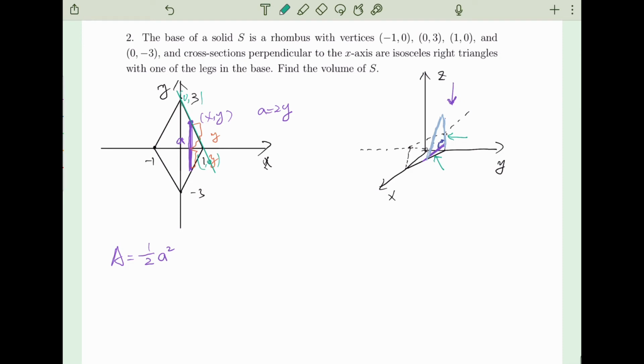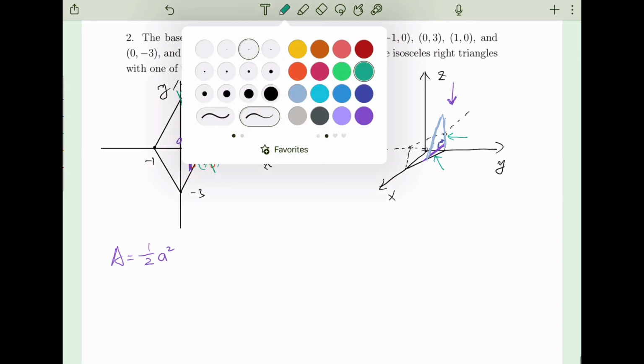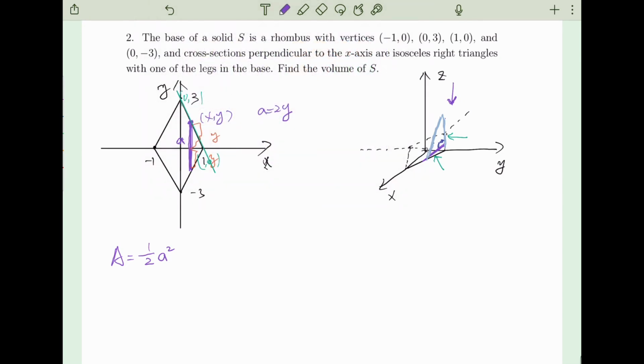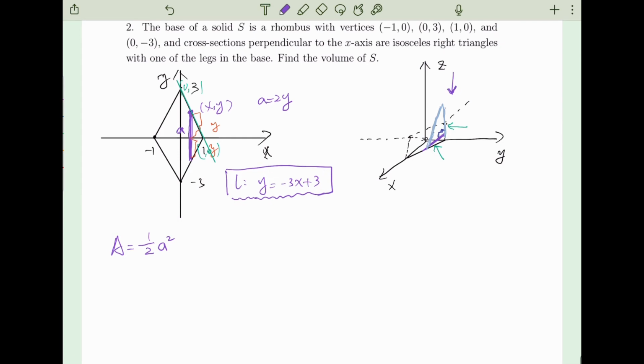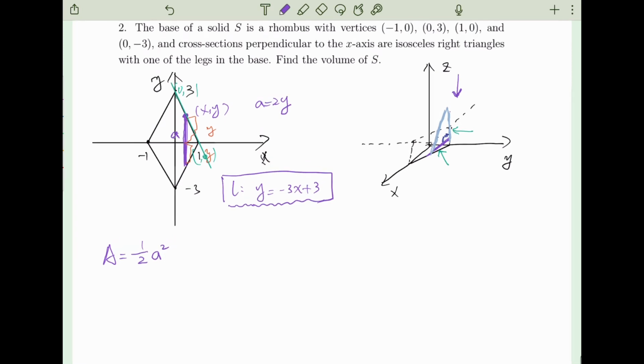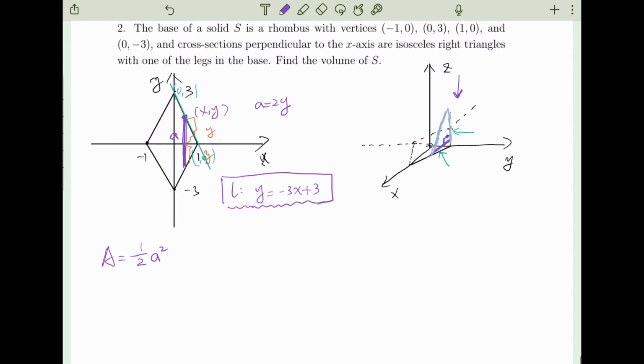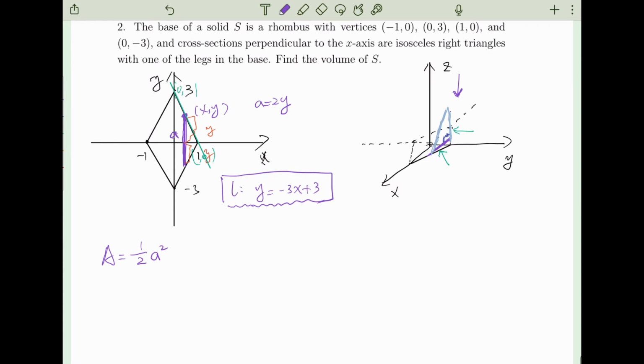It passes through these points, so we can easily figure out its equation, that is y equal to -3x plus 3. I'm not going over this again because I assume that you know this from 1500, how to figure out straight lines and find slopes. Now we can express y in terms of x, right? y is equal to -3x plus 3.